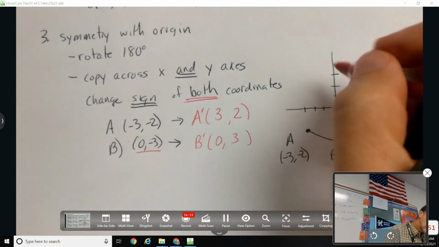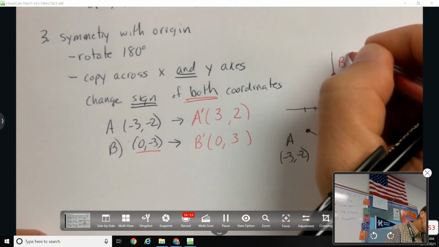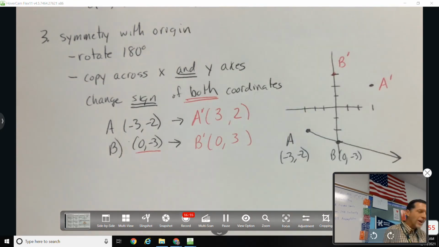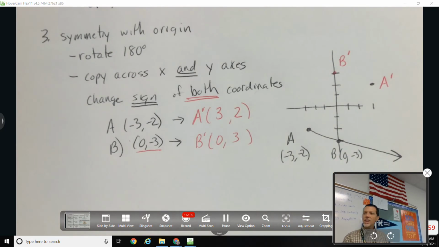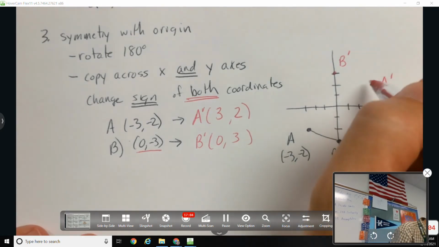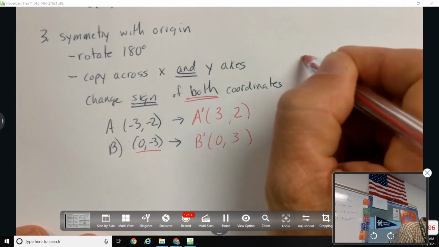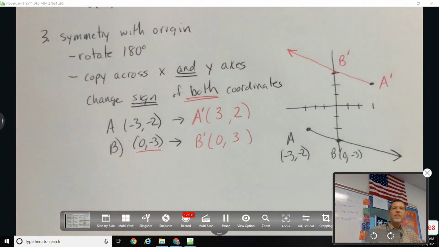So does that mean our line is now going up? And yeah, we've got to be careful here. The line started at A and went through B. So we want to keep that feature of starting at A and going through B. So something like that.